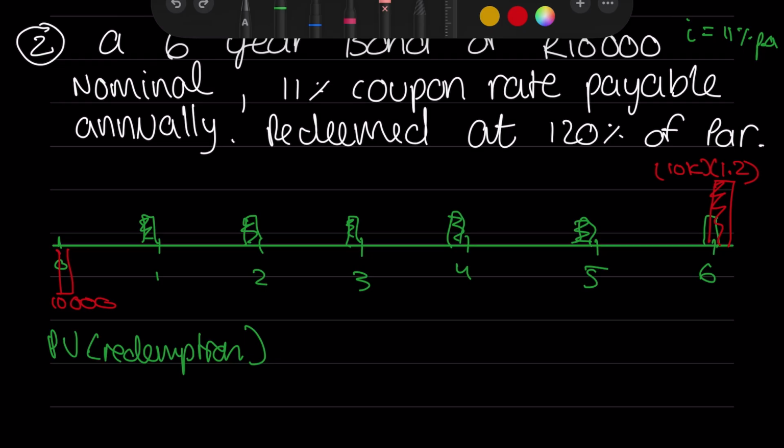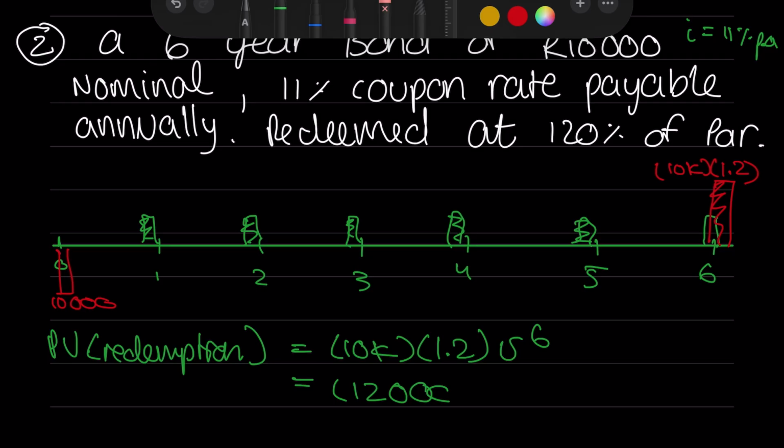So here I'm just going to be discounting it 6 times. We can just use the yearly rate here. So that'll be 12,000, discounted 6 years, we'll pop that in the calculator.